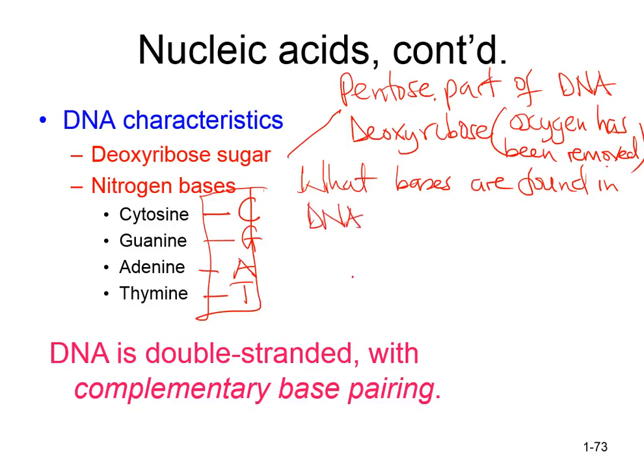The answer is cytosine, guanine, adenine, and thymine. DNA is double-stranded. As I said, it is always in pairs. So we call them complementary base pairing. The pairing in DNA is called complementary base pairing. So you need to write that down.